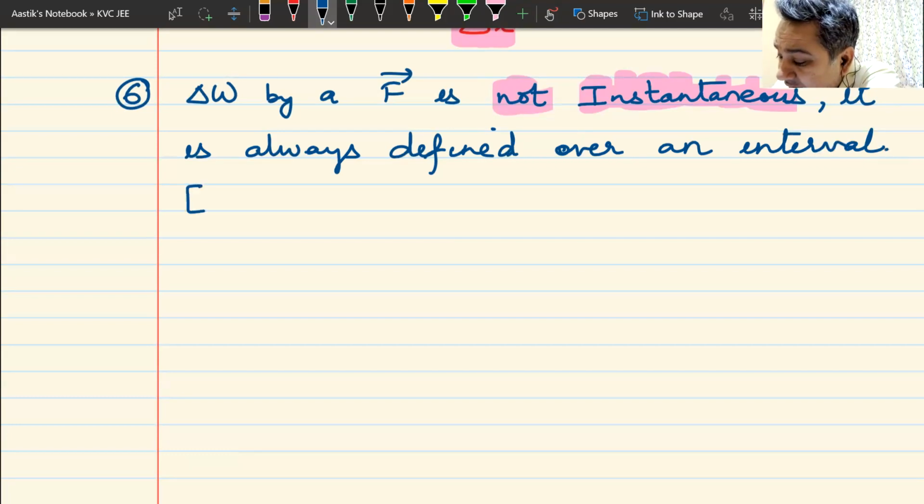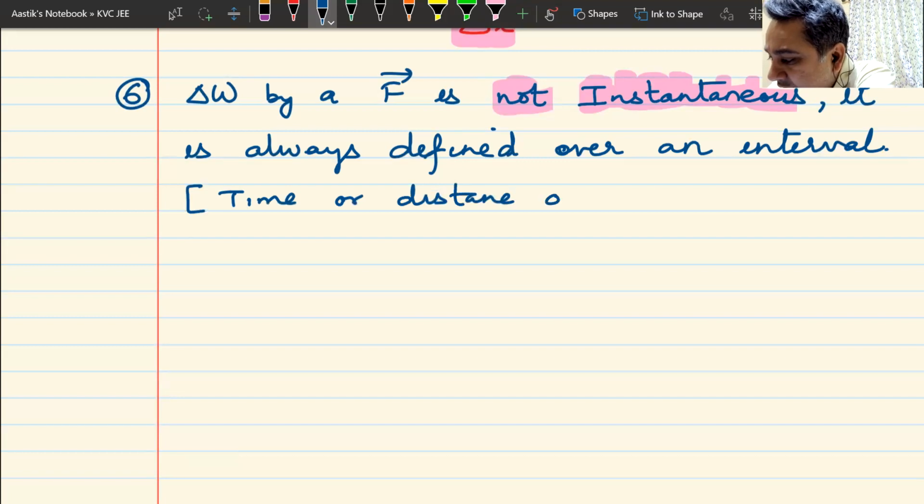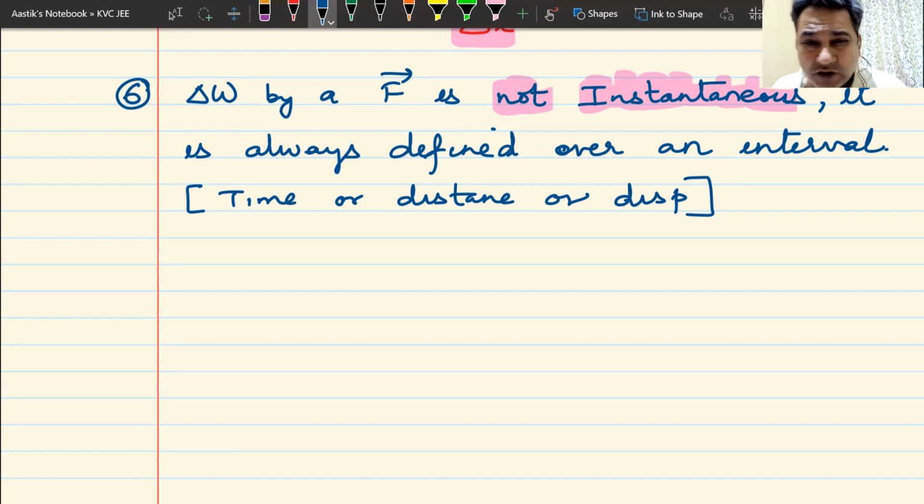Now, this interval can be an interval in terms of time, or it can be an interval in terms of distance, or it can be an interval in terms of displacement. For example, if someone tells you, what is the work done at 5 seconds? What is the instantaneous work done right now? Those things have no meaning at all. We have instantaneous velocity.